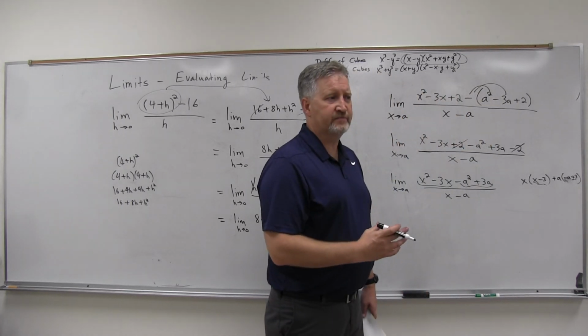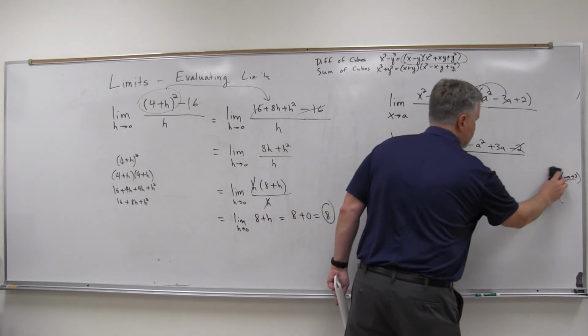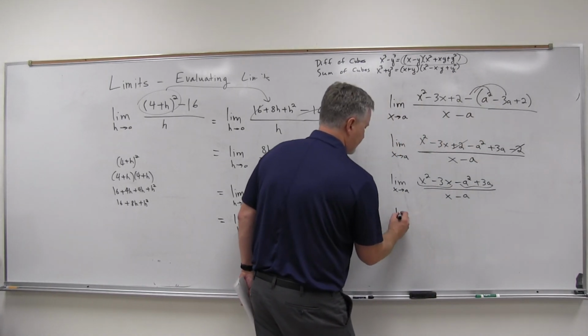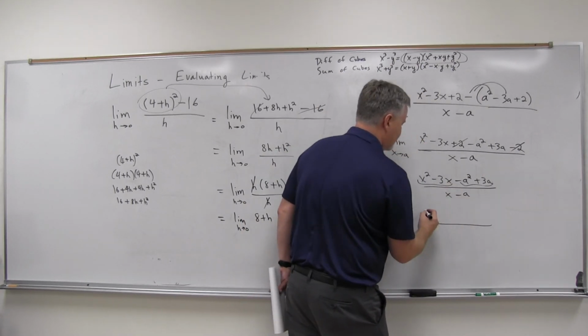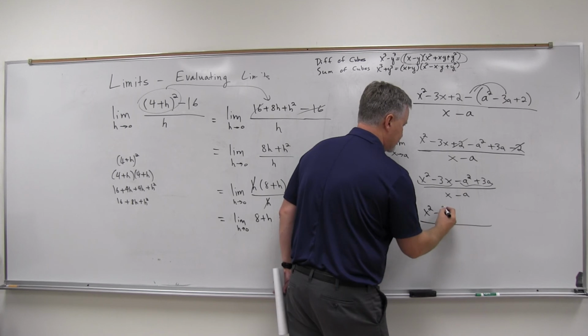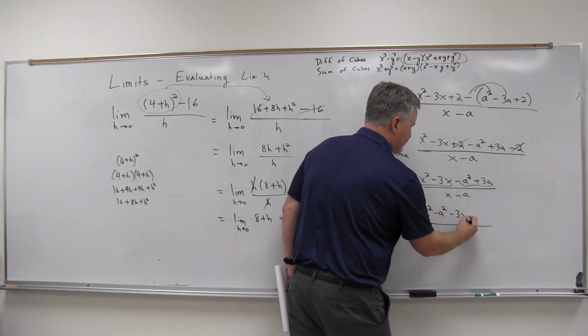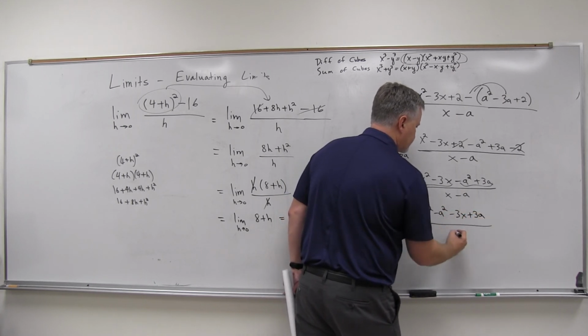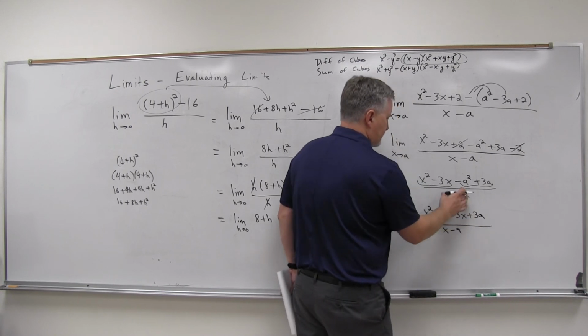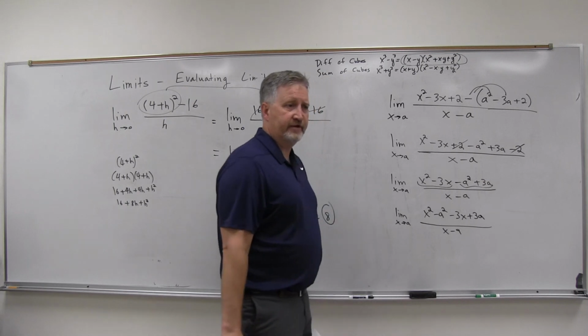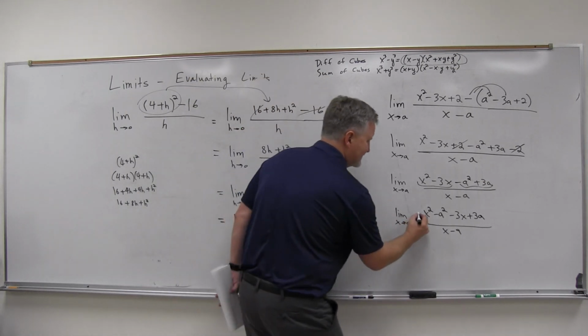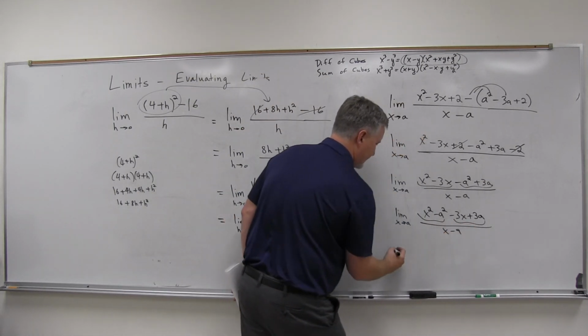So I've got to rearrange them because those aren't the same. Usually, a lot of times you just group them like that and they're okay. But this one we do have to regroup a little bit. x squared minus a squared minus 3x plus 3a. So regroup them, make it the minus a squared with the x squared. Okay, with me there?